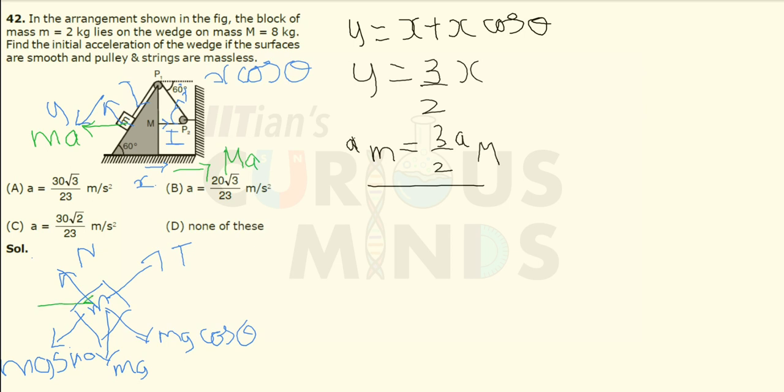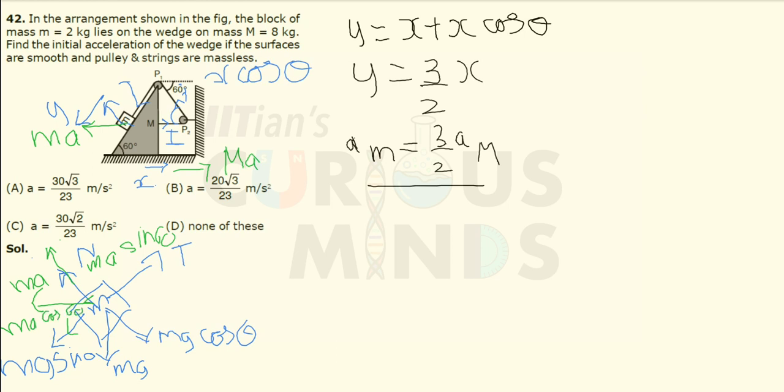So there will be another force m a in this direction. I will again resolve it: in this direction it will be equal to m a sin 60, and in this direction m a cos 60.